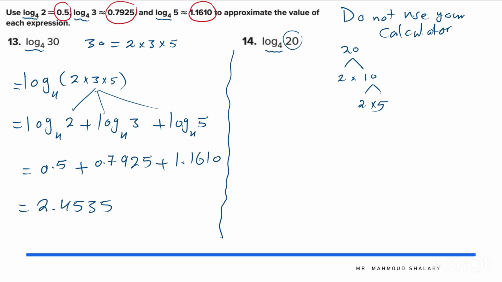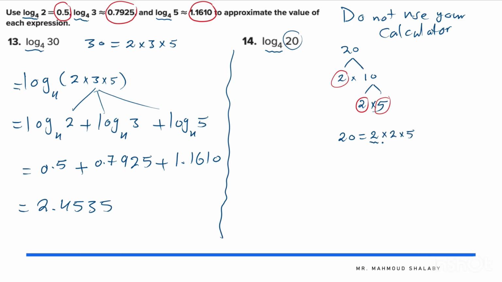So in this case 20 could be rewritten as 2 multiply by 2 multiply by 5. So I will rewrite it here.